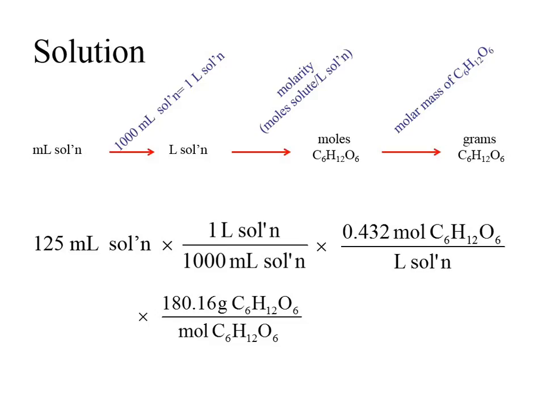So 180.16 grams over 1 mole. If we make units cancel, the milliliters cancel, the liters cancel, the moles cancel with that last term, and we're left with units of grams, which is wonderful.